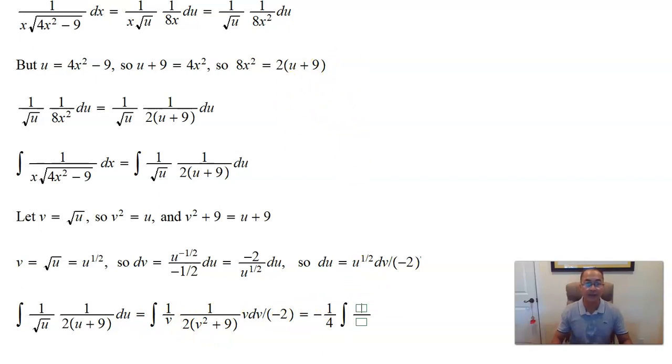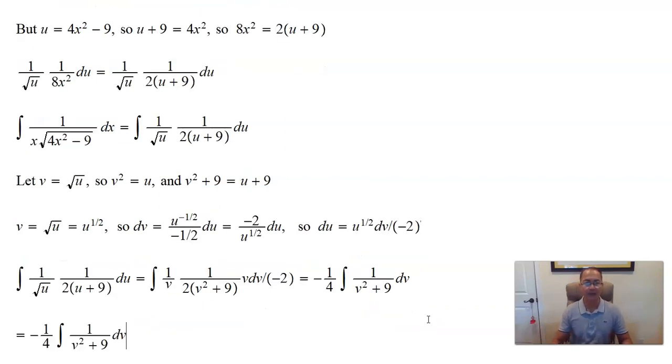Let me start fresh here. 1 over v squared plus 9 dv. Yay! So now we know how to integrate that, right? So we factor out the 9. It's like we're going back to our first video, almost.